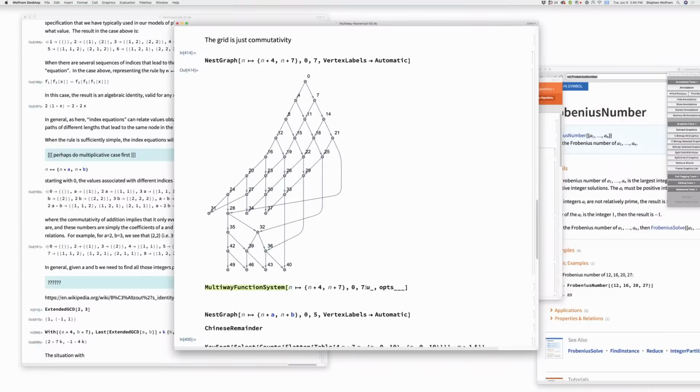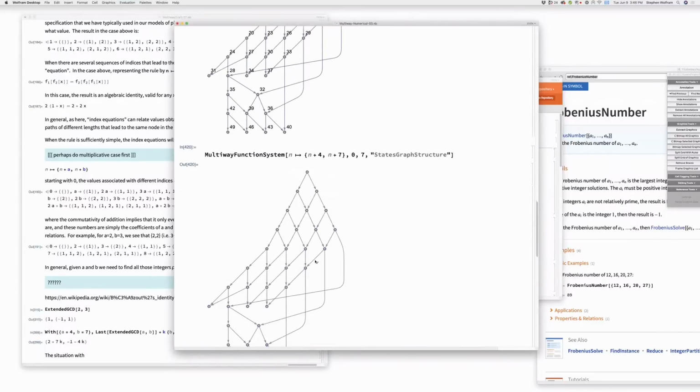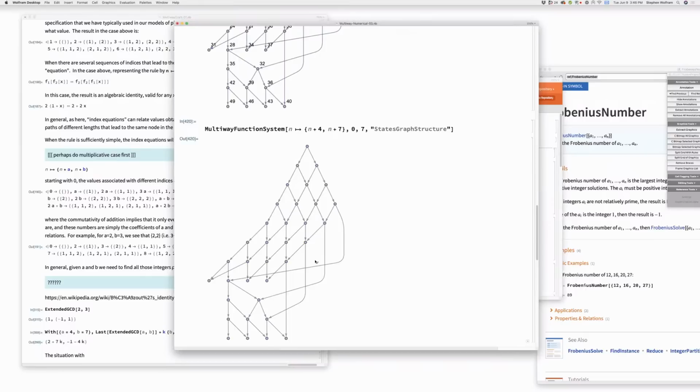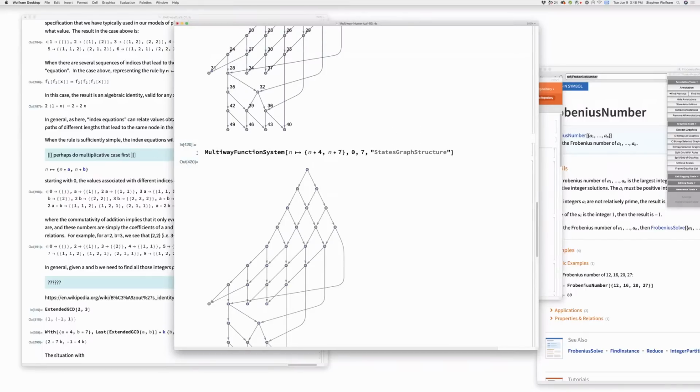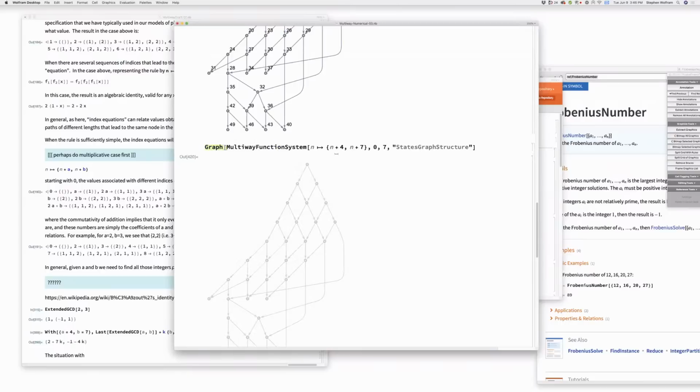That was really stupid naming of mine. But so this would be states graph, right? States graph structure. Okay, so the question is that it's the same. So if we label that states graph, that means there is no repetition in there, unless something went totally wrong here.